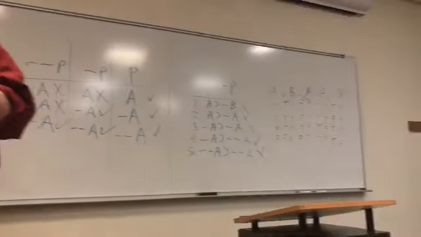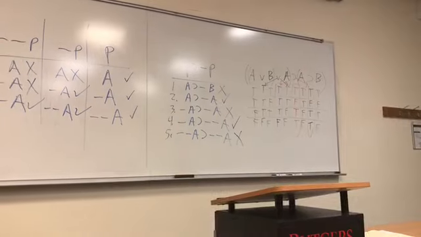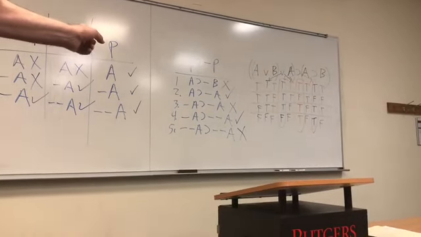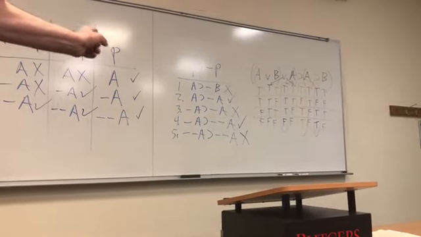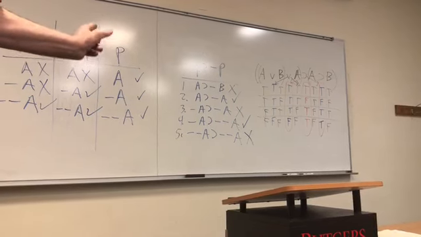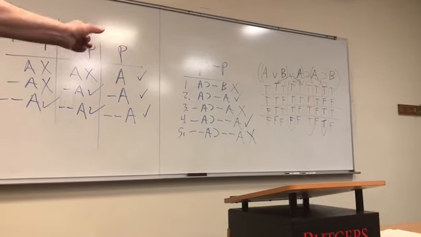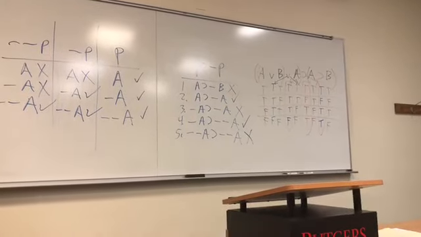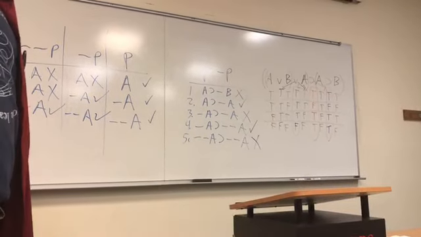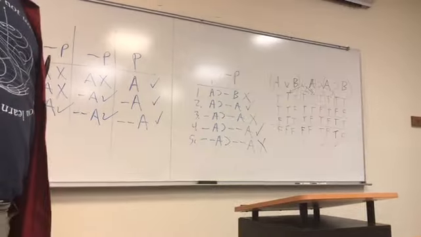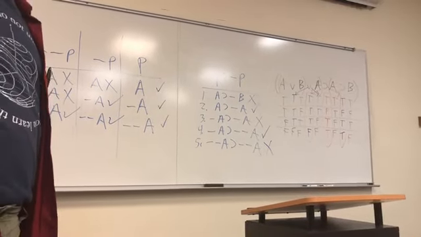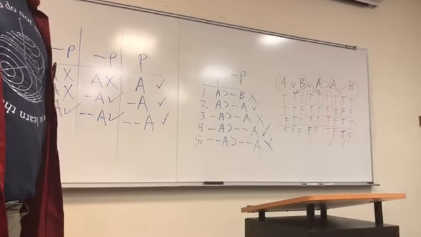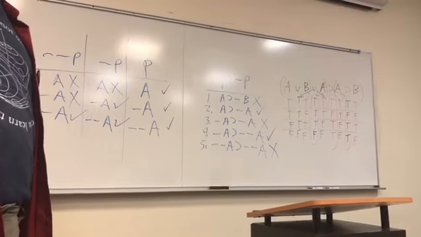I suggest you write that on a piece of paper and make sure you understand why those answers are as they are, because for quiz 3, you can guarantee that there will be repeated variables.